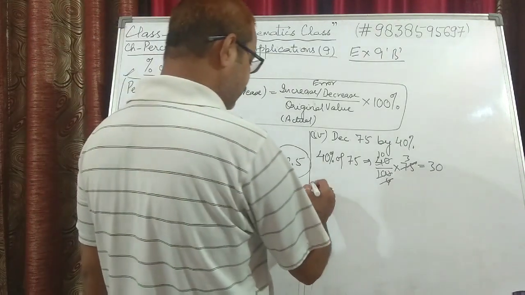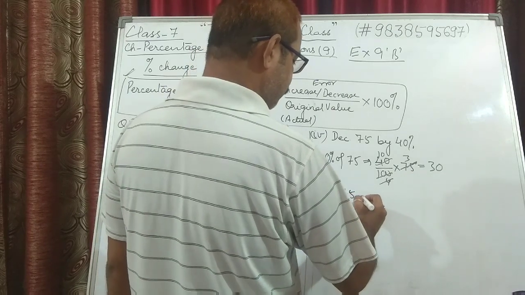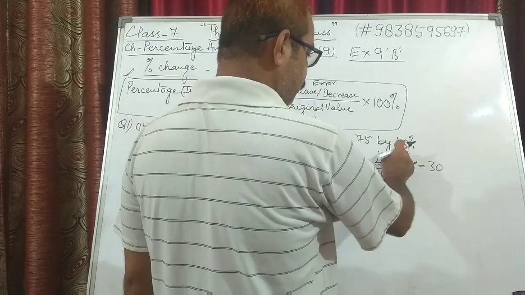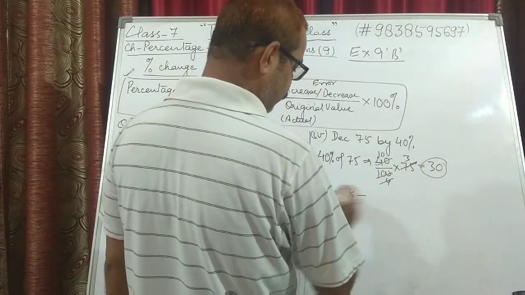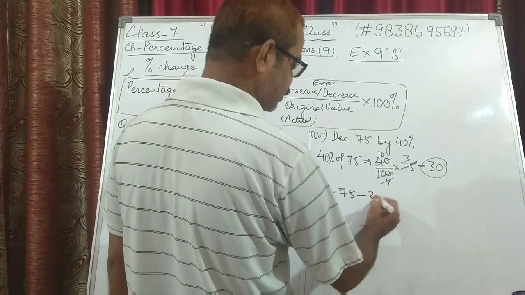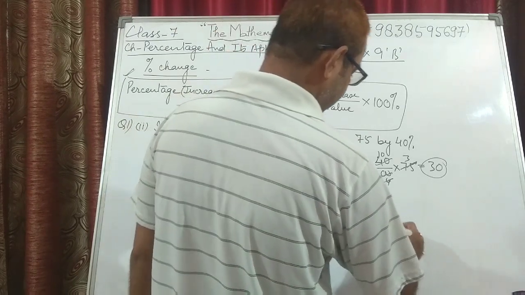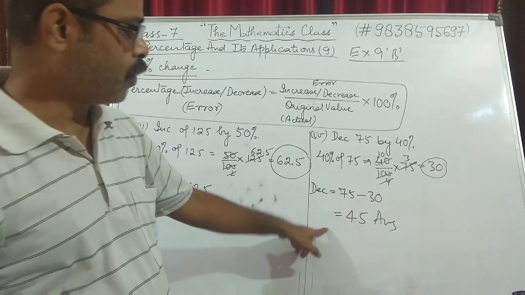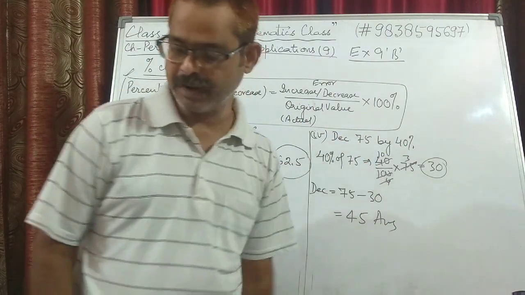Now we have to decrease 75 by 40%. 40% is 30. So by 30 it means we have to subtract, because we have to decrease. It means minus 30. So final value is 45. That is the value of 75 decreased by 40%. This is the final value.